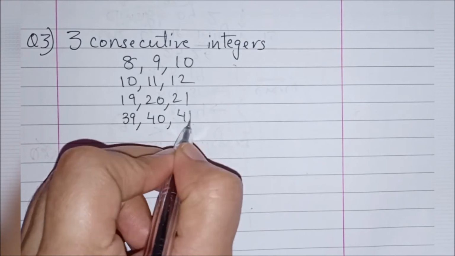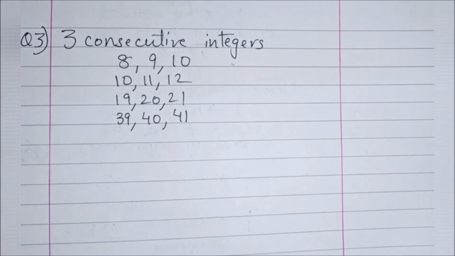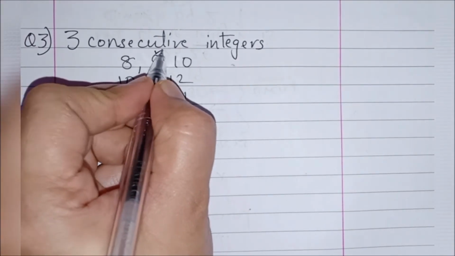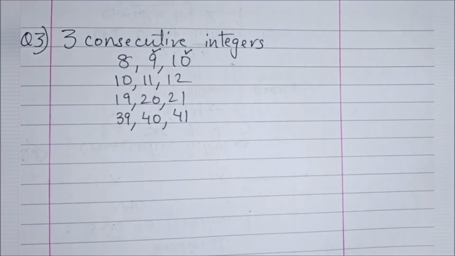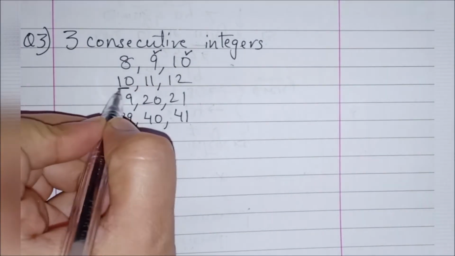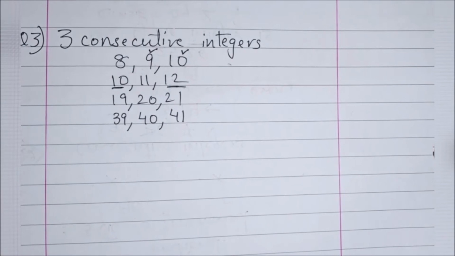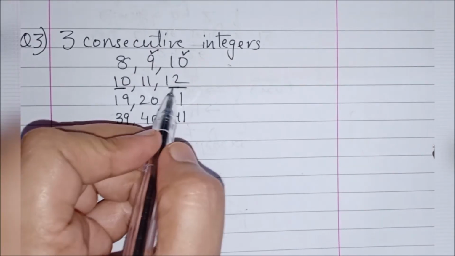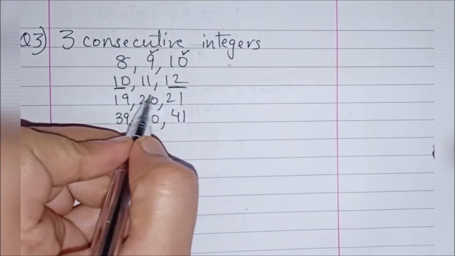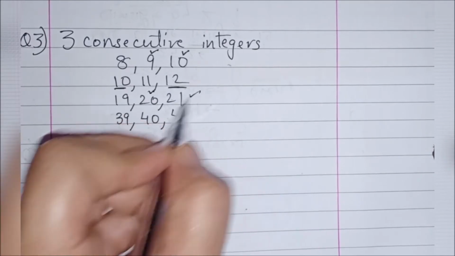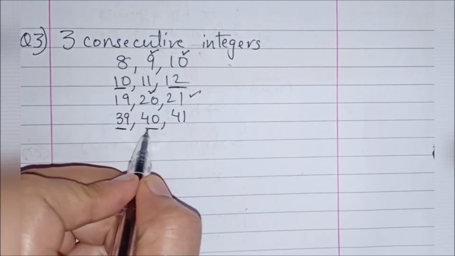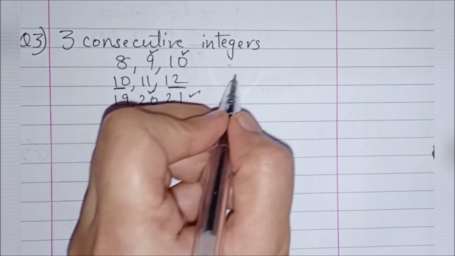Now you can see in the first example, 9 is divisible by 3 and 10 is divisible by 2. In the next, 10 is divisible by 2 and 12 is divisible by 2 as well as 3. In the next example, 20 is divisible by 2 and 21 is divisible by 3. For 39 and 40, the factors are 3 and 2.